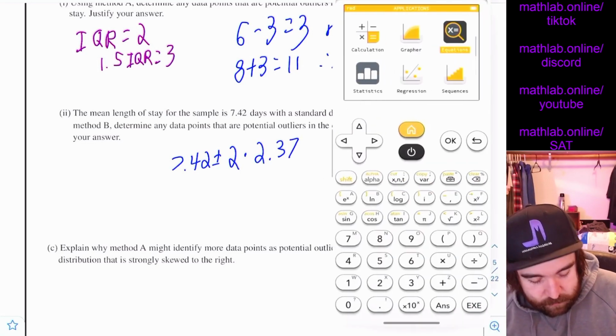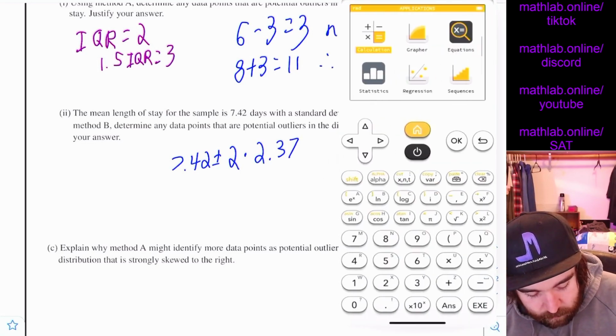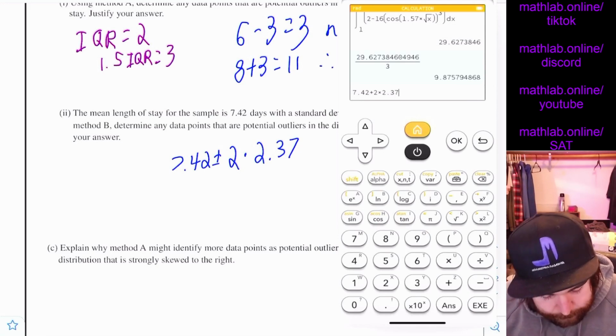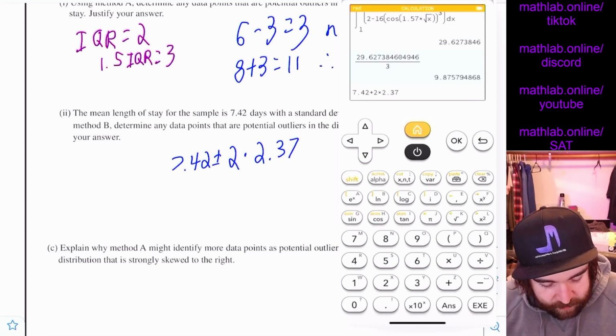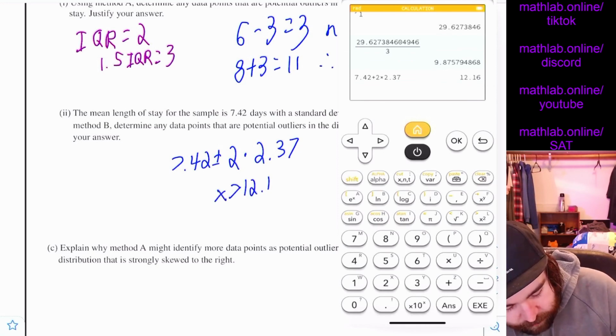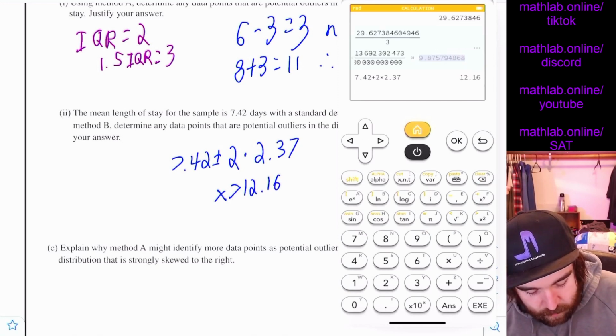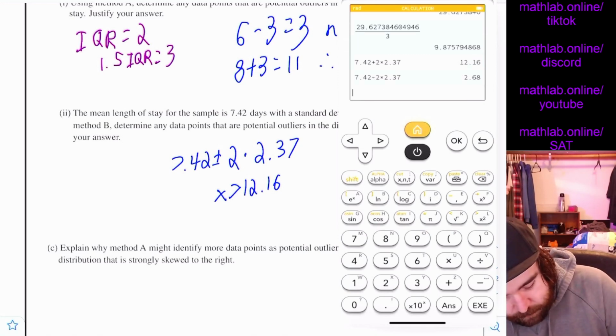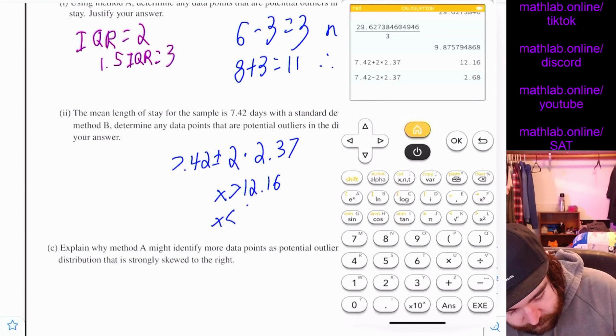And we have calculators. So we go calculation. We go 7.42 plus 2 times 2.37. Make sure we typed it right. Yes. So outliers are bigger than 12.16 and smaller than 2.68.